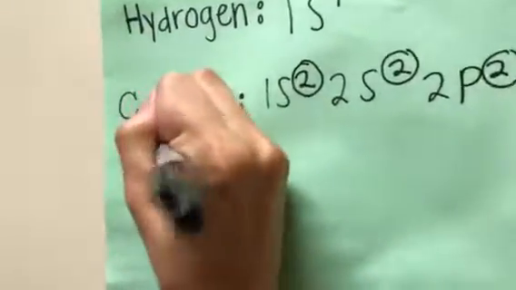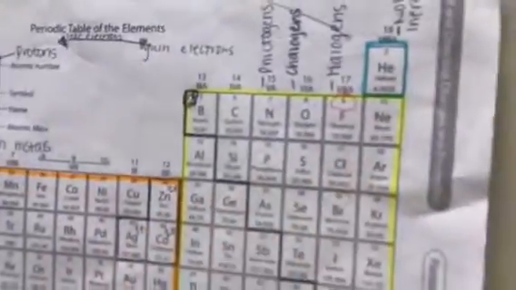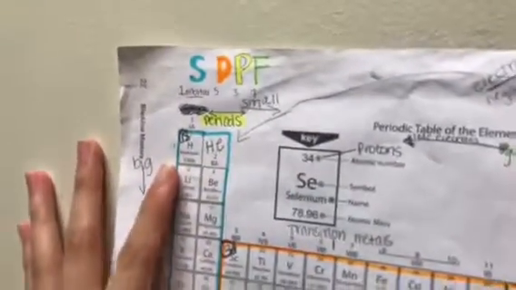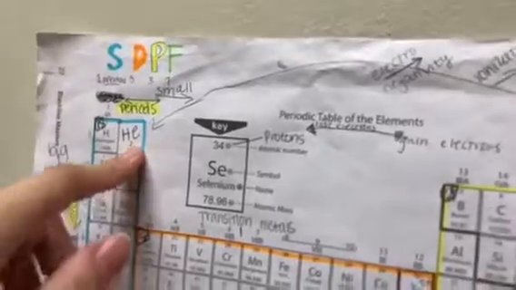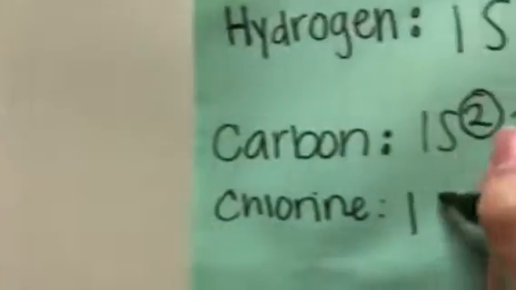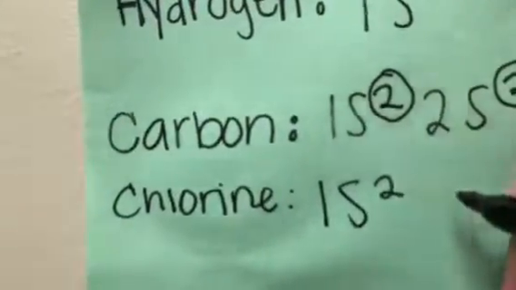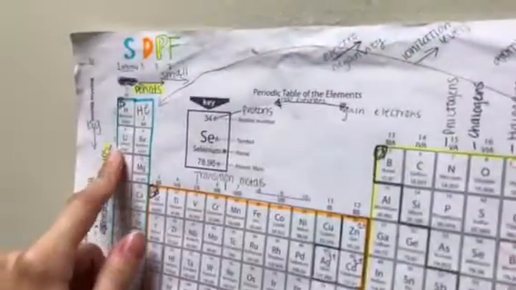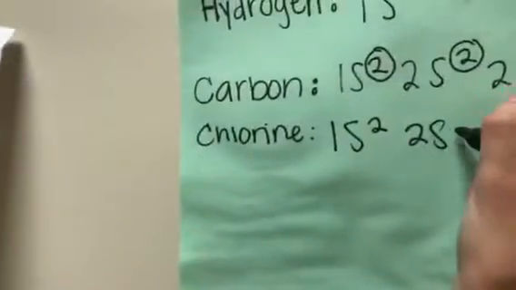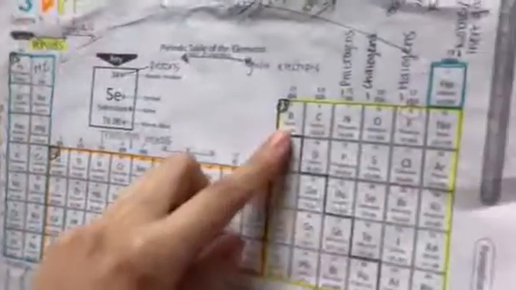Alright, so chlorine. Atomic number 17. So we're going to start off on the S block. We're going to go 1s2 because we filled up that first level. Then we're going to go over to 2s2. And then you go straight across following the atomic number in order.